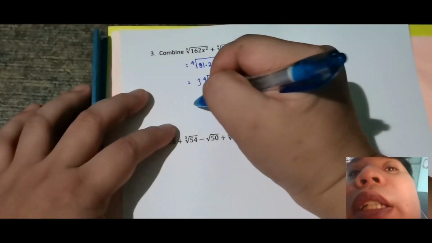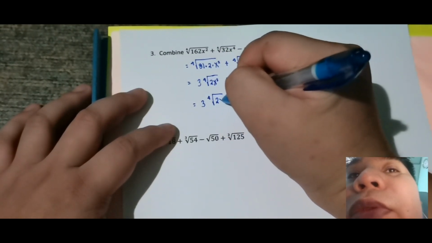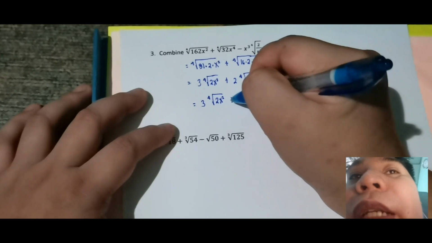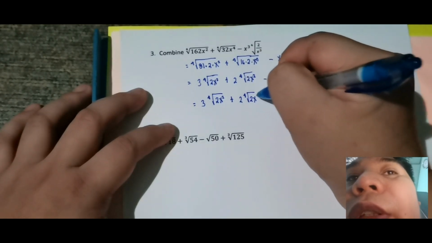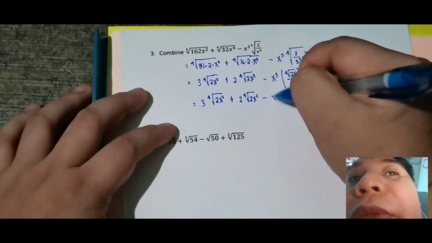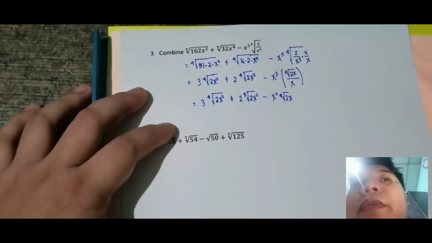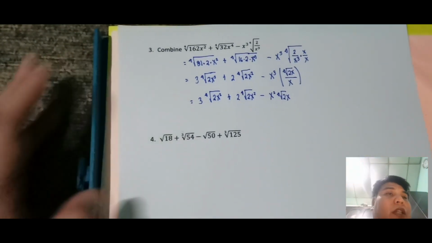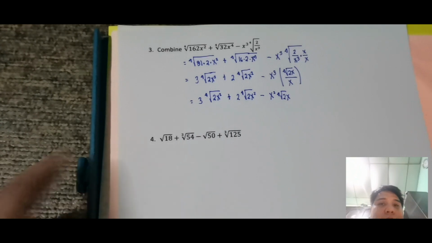So therefore, this is equivalent sa 3 4th root of 2x squared plus 2 4th root of 2x squared minus, ito ay x squared na lang, then 4th root pa rin ng 2x. Ngayon, pansin niyo mabuti. Sir, similar radical ba sila lahat?